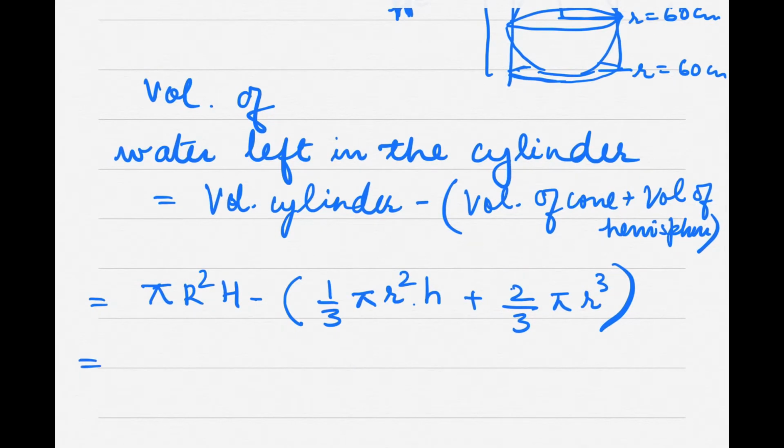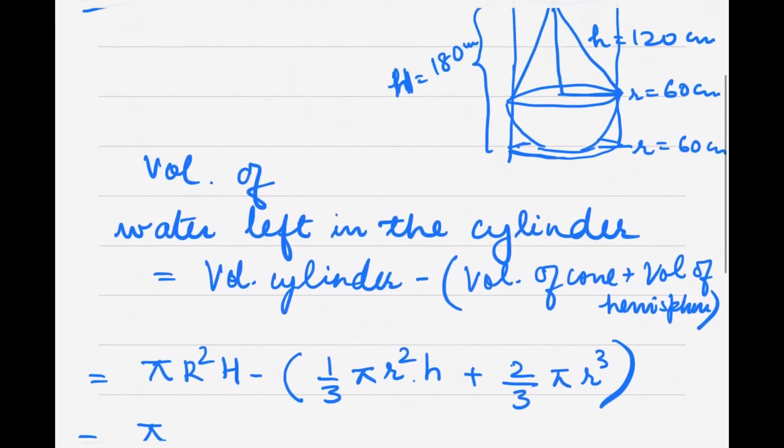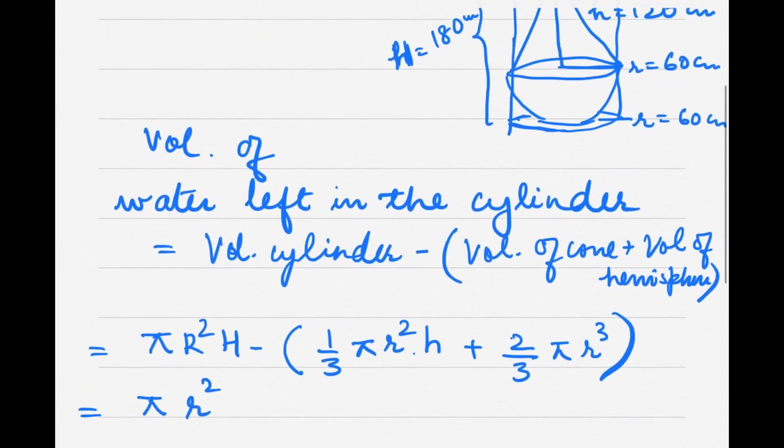Now pi is common in all, so maybe I can take it common and go ahead. So let's write it down. I'll keep pi, and the radius is 60 here, which is the same for all three, so I can write 60 square, and height is 180.